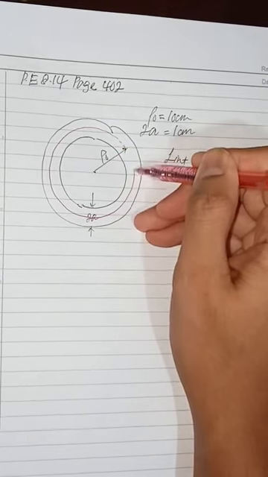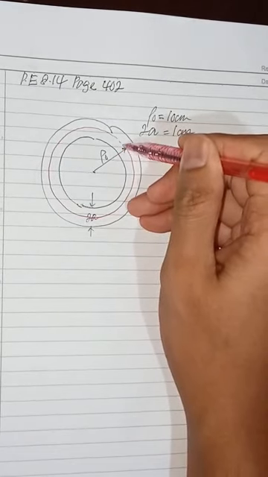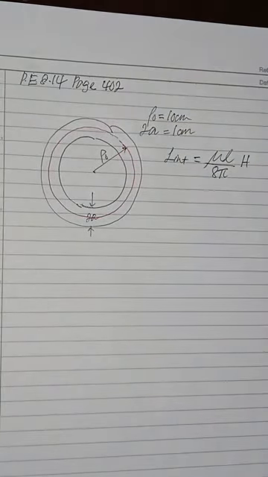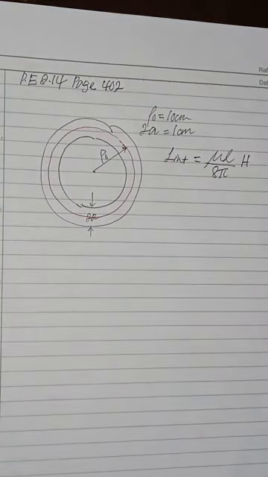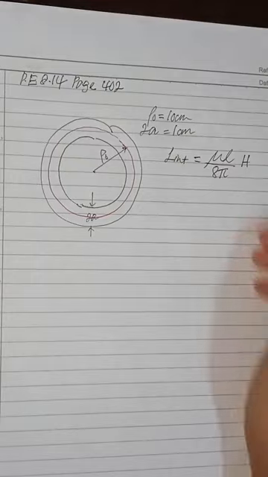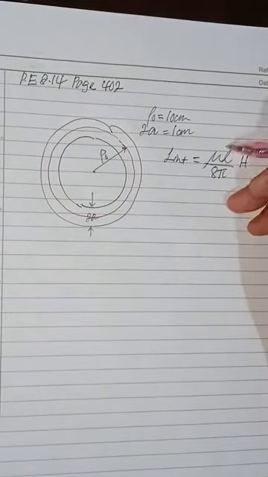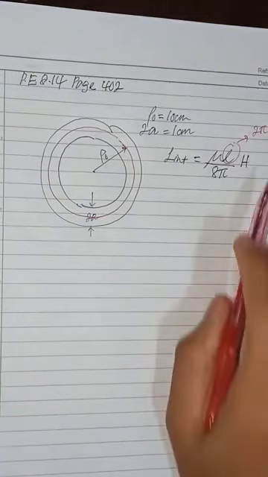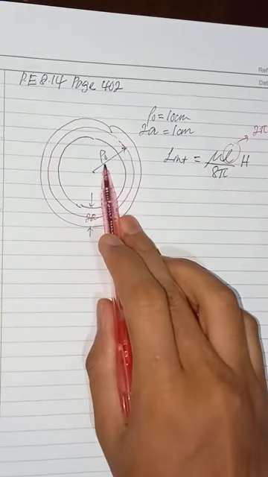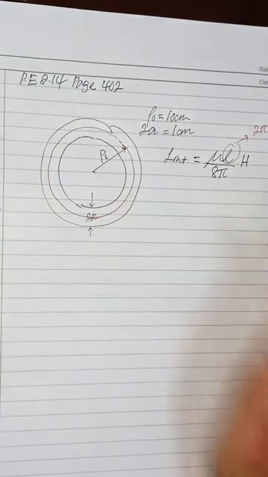So we have to use the length of the circumference with radius rho naught. So from here we can just use this formula, changing L to 2 pi r, where r is equal to rho naught, given as 10 cm.